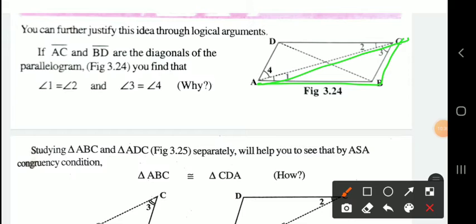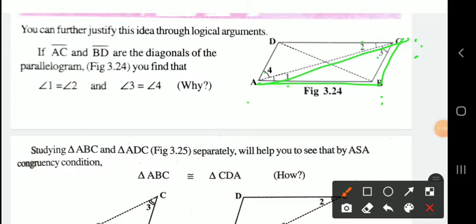Now for this triangle ABC and CDA, we have already learned that the measure of angle 1 and angle 2 are the same, and angle 3 and angle 4 are the same. Why is it the same? Since AB is parallel to DC, side AB and side DC are parallel and AC is the transversal.